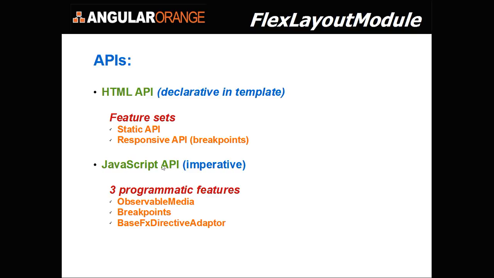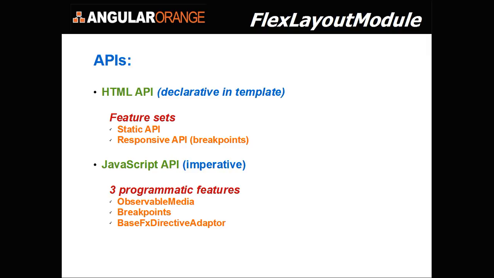Also, with this JavaScript API, there's features here which are very intriguing. One of them I've used right away, which I thought was very simple, was the observable media, which gets injected into your constructor, and as your users start using different devices, or if your browser is resized, you get these events.